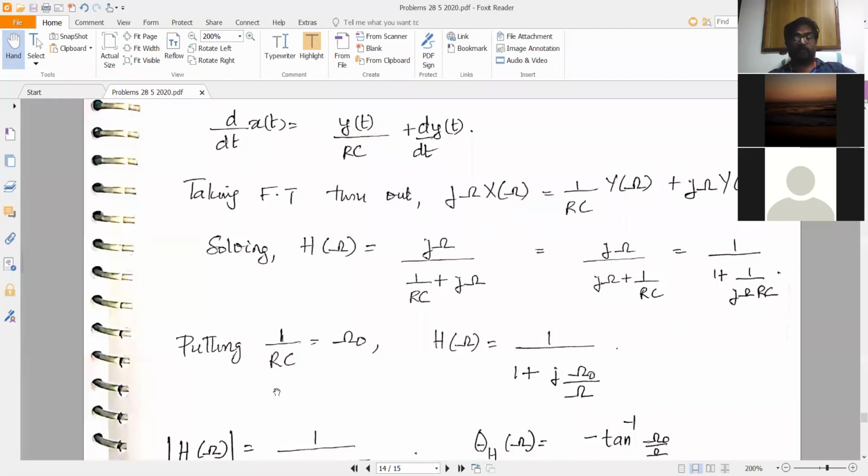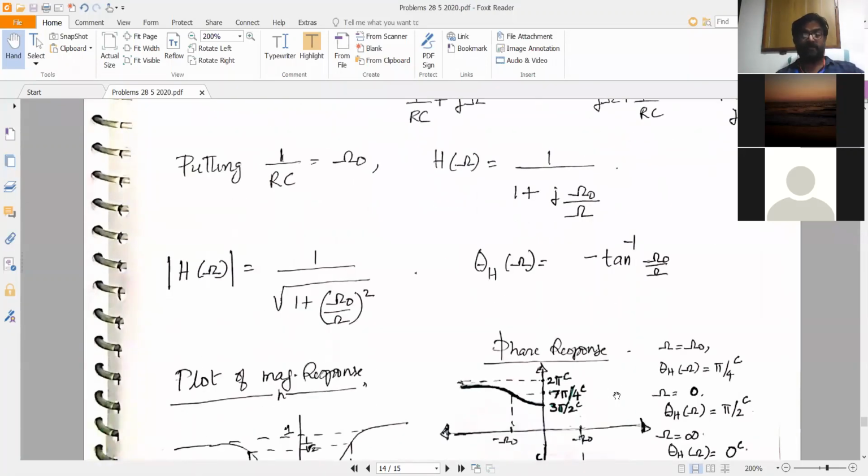Now, as before, if you put 1 by RC is equal to omega 0, this becomes H of omega is equal to 1 by 1 plus j omega 0 by omega. Earlier for the practical low pass filter, it was 1 by 1 plus j omega by omega 0. Now it's 1 by 1 plus j omega 0 by omega.